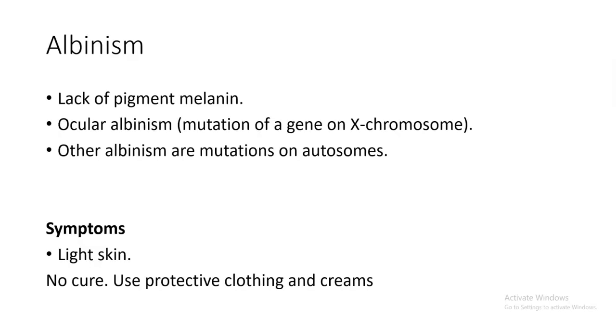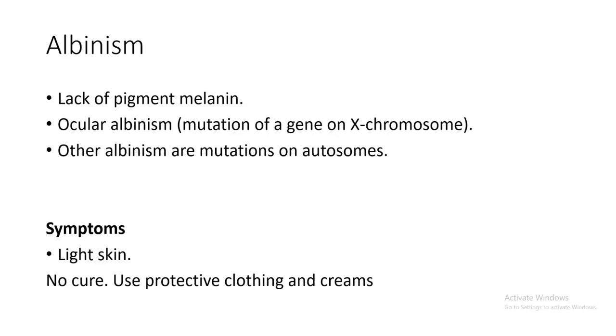So the last other condition I want to focus on is albinism, which also is due to a mutation on the X chromosome. So whenever you get a mutation on the X chromosome, this can lead to a lack of pigment melanin. So melanin is very crucial for us to get pigment. If you're lacking melanin, then this leads to albinism.